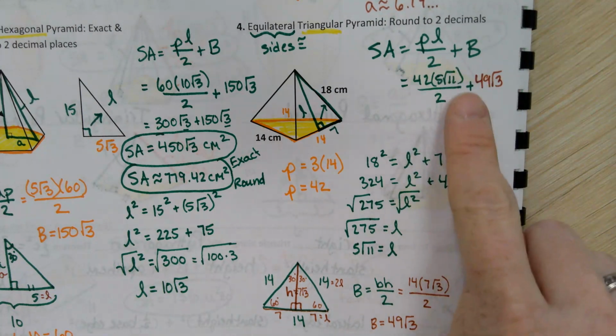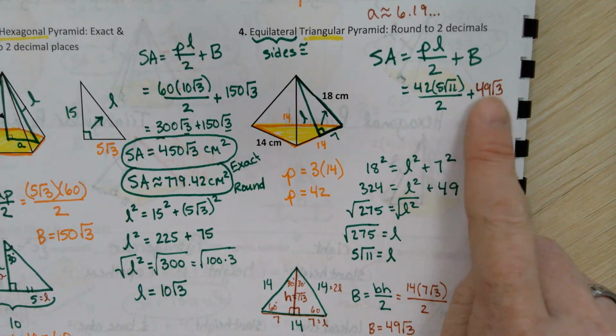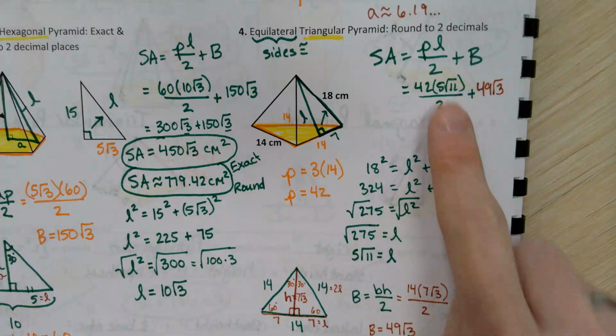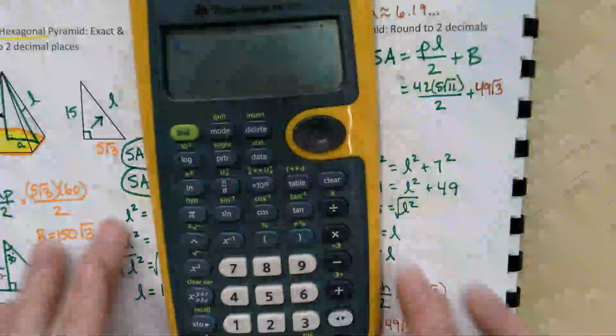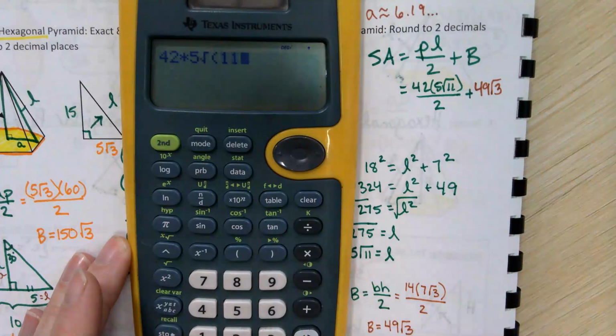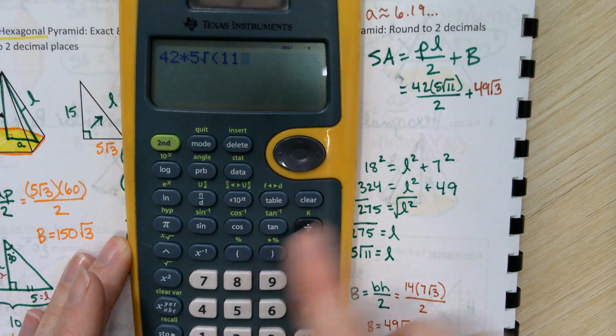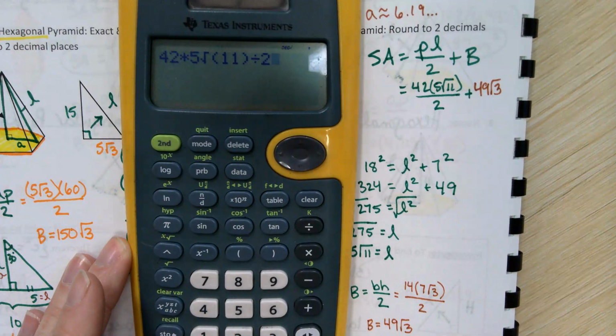Now this right here is why the instructions tell us to round to 2 decimal places. These are not going to be like terms since one of them has a root 11 and one of them has a root 3. So very carefully, we're going to take care of 42 times 5 root 11. If you want to keep going and divide by 2, make sure you close up that parenthesis before you divide by 2.